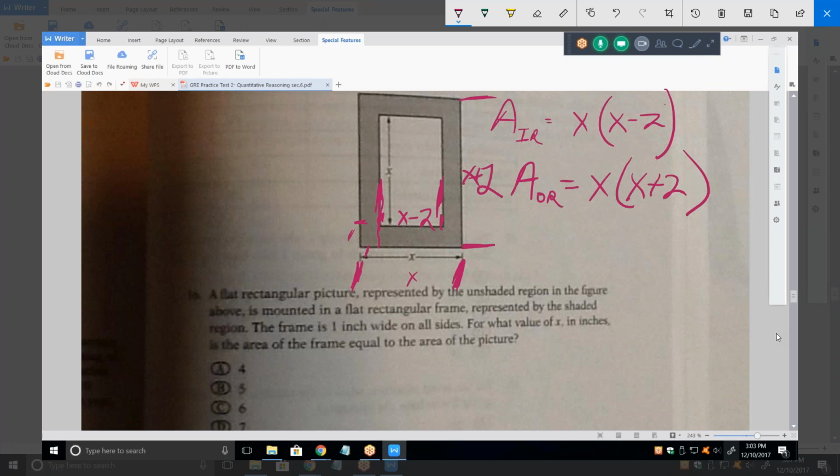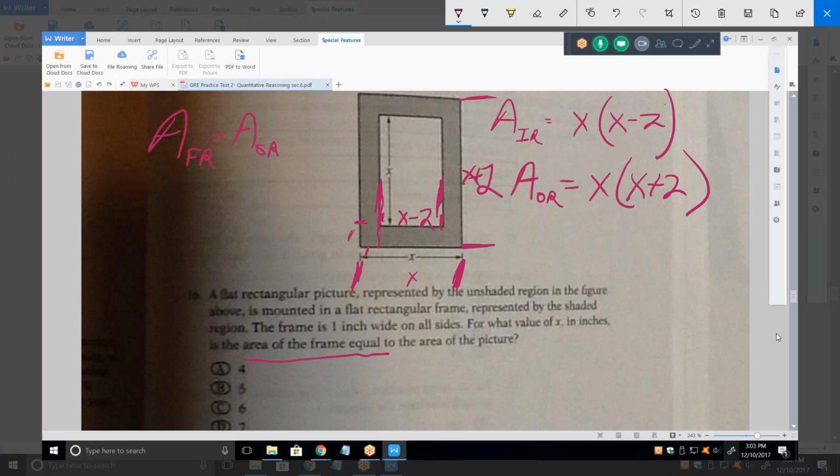So let's see, for what values of X is the area of the frame equal to the area of the picture? Well, what's the area of the frame equal to? It would be subtracting the inside rectangle from the outside rectangle?